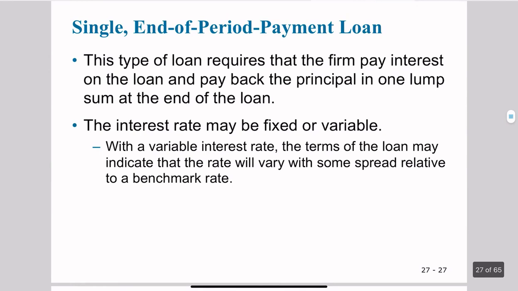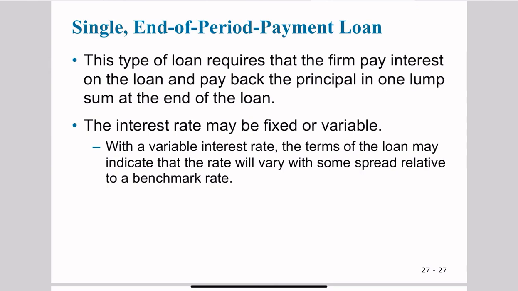So if it's a single end of period payment loan, then basically the firm will pay interest payment on the loan, and it will pay back the principal at the end of the loan. And the interest rate charged on this type of loan can be fixed or variable. If it's variable, then generally it's a benchmark rate plus some spread.